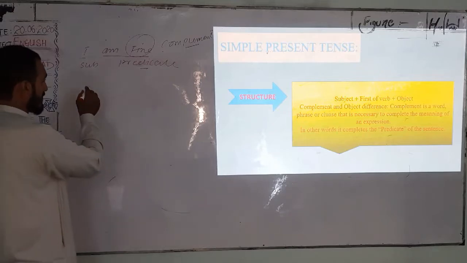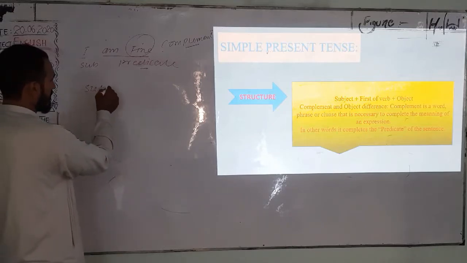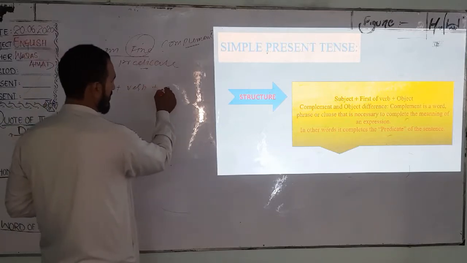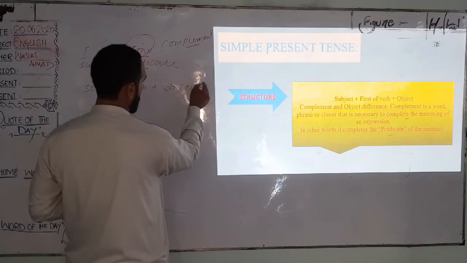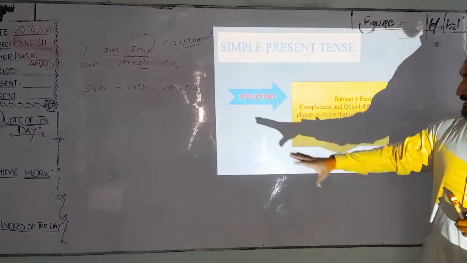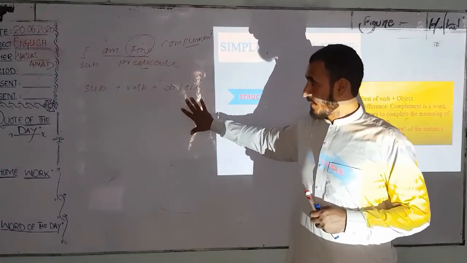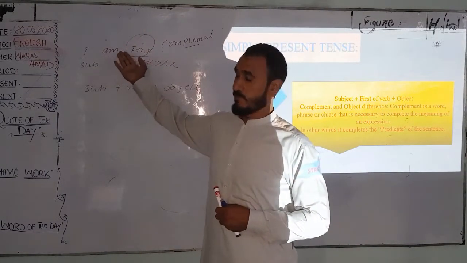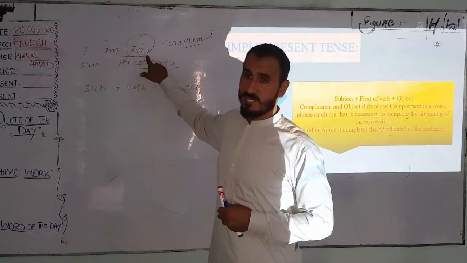And object: subject plus verb plus object. Whenever a verb comes, it always makes an object. And whenever a stative verb, linking verb or something else comes, it will make a complement.